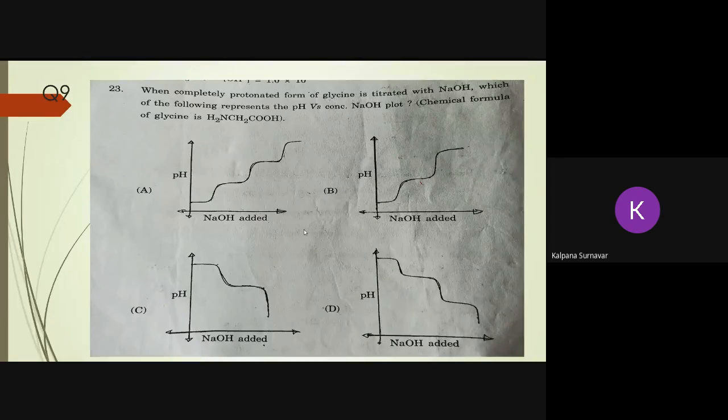The NaOH pH is more. So when we add the ml of NaOH into the solution, obviously the pH of the solution will increase but not decrease. That's why options C and D are totally incorrect. Only option B is correct. Option 1 is incorrect because three equivalence points are observed in this diagram.